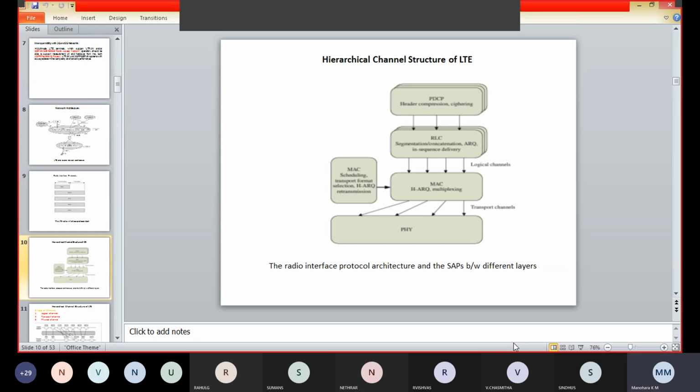So here without spatial multiplexing, at most one transport block is transmitted to the user equipment in each TTI. With spatial multiplexing, up to 2 transport blocks can be transmitted in each TTI to the user equipment.